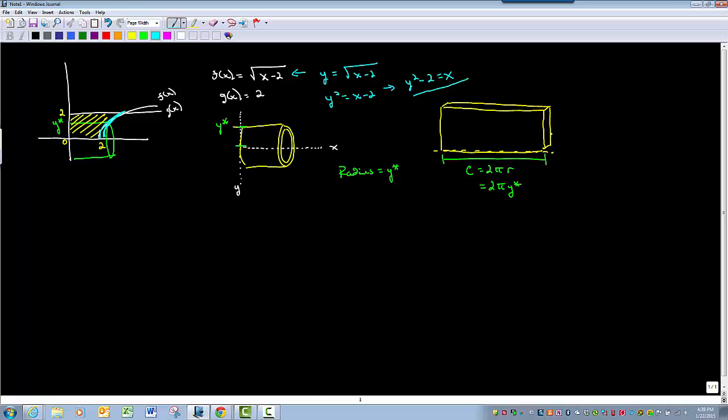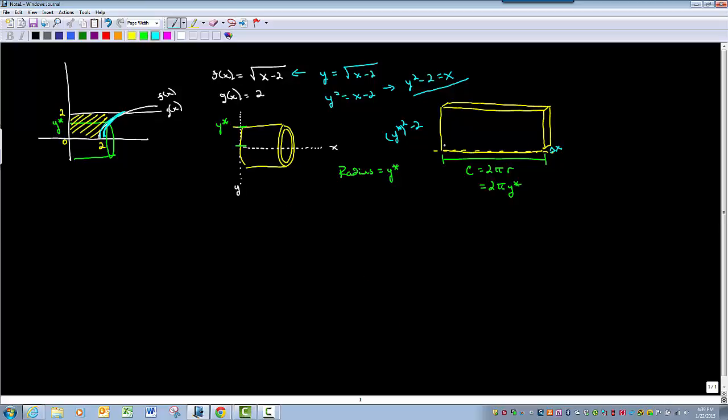So that means that the height of this box is whatever y star was squared minus 2. Okay? And now the depth of the box here is given by delta x. So what do we have?